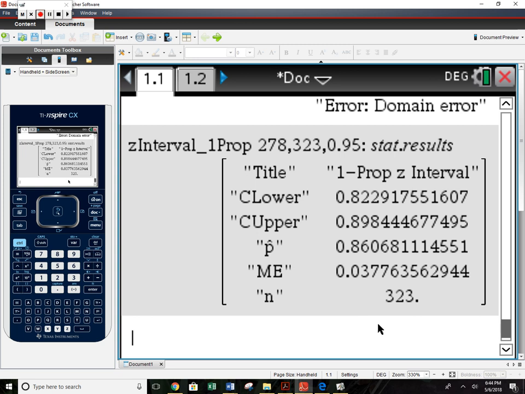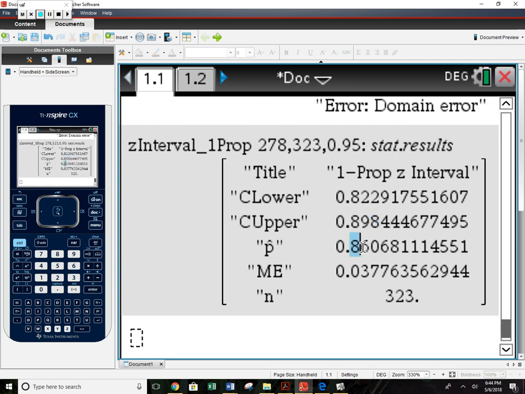Okay, so your lower limit is right here, 0.8229, 0.898, the p hat, your proportion.